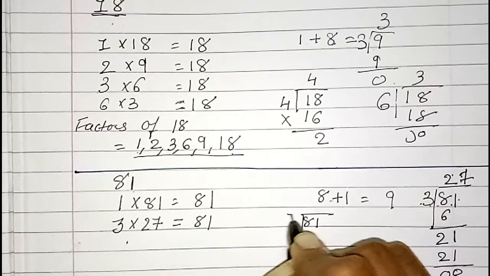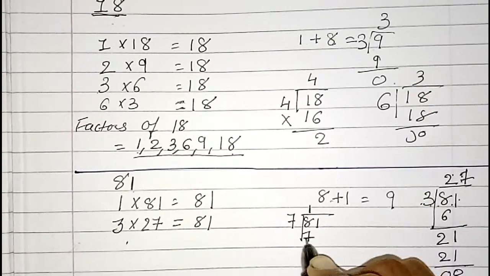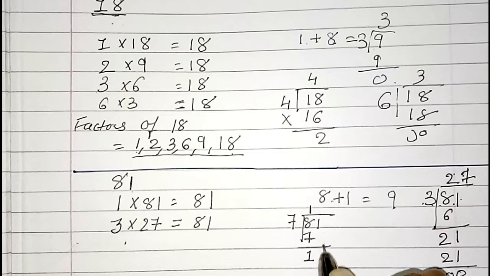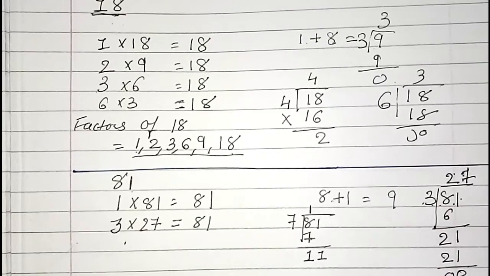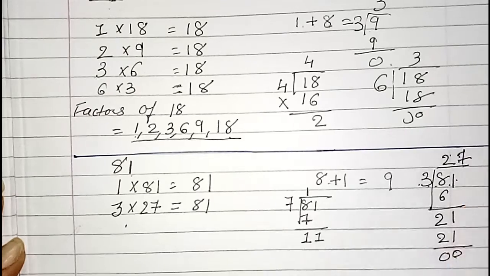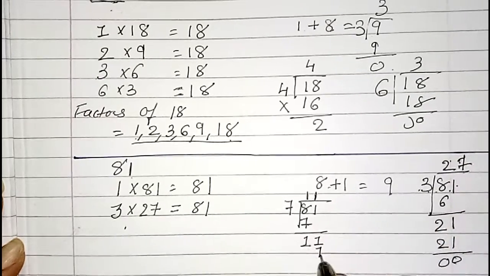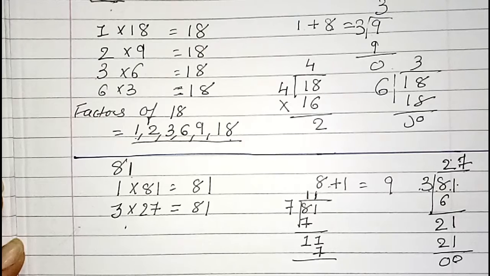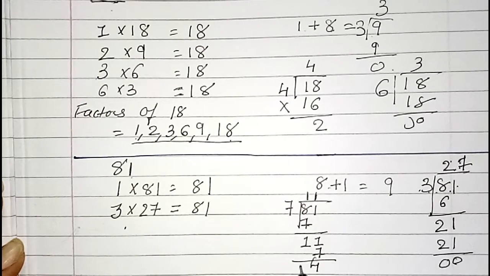Divide 81 by 7. 7 ones are 7, 1, and from up we take down 1. Now 7 ones are 7 and 7 twos are 14. So once again 7 ones are 7. How much remains? 4 remains. So the remainder is 4. So no, 7 is not possible.